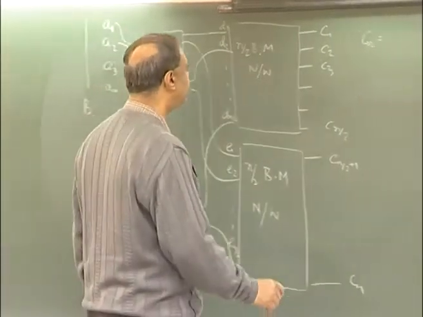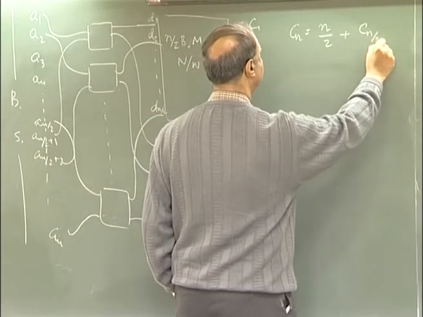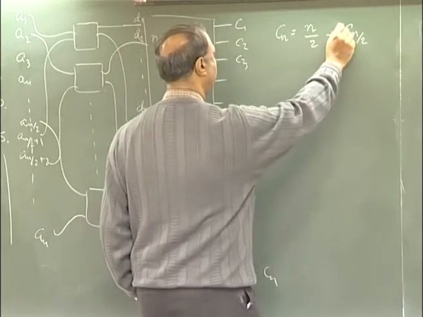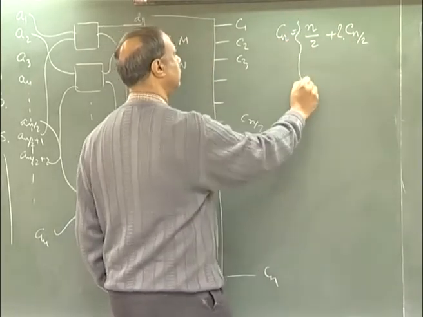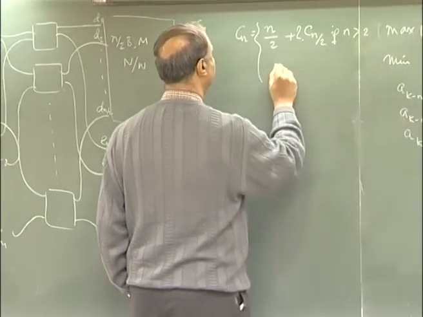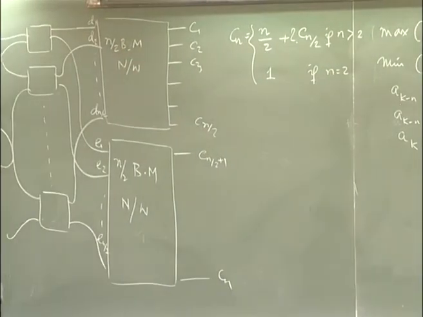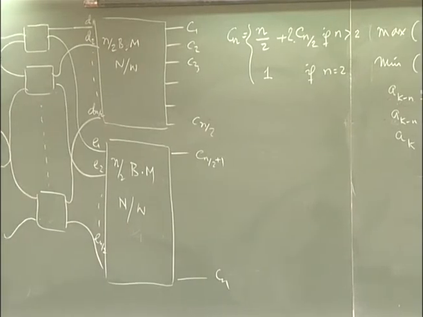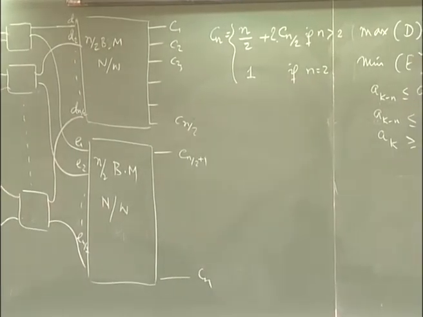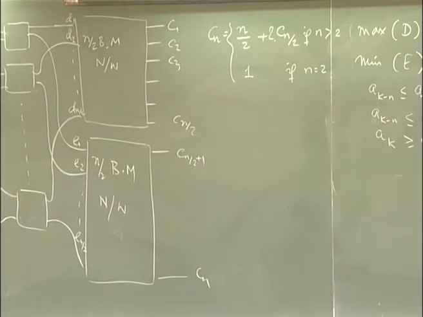The number of comparators is n by 2 plus 2 times C(n/2) if n is greater than 2, and 1 if n equals 2, because you have two elements and you need one comparator.